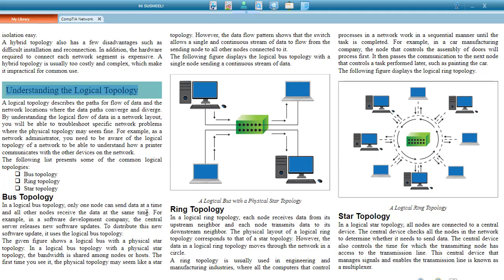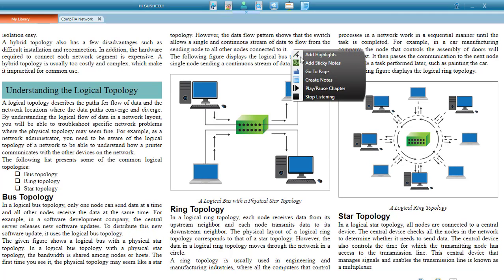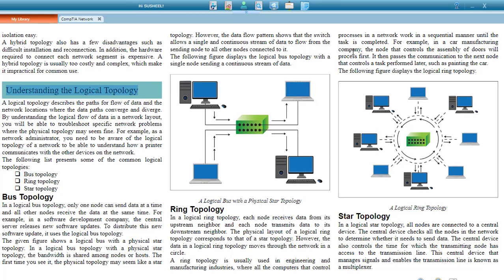In a logical bus topology with a physical star topology, the bandwidth is shared among nodes or hosts. The first time you see it, the physical topology may seem like a star topology. However, the data flow pattern shows that the switch allows a single and continuous stream of data to flow from the sending node to all other nodes connected to it.